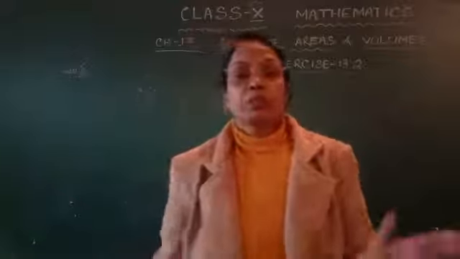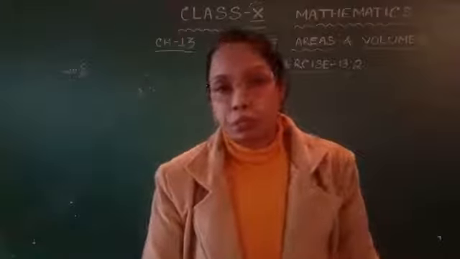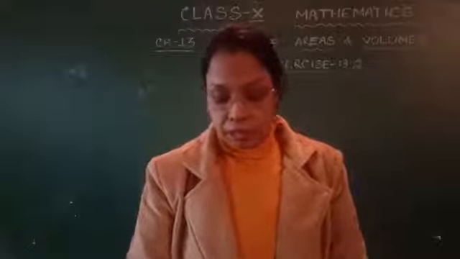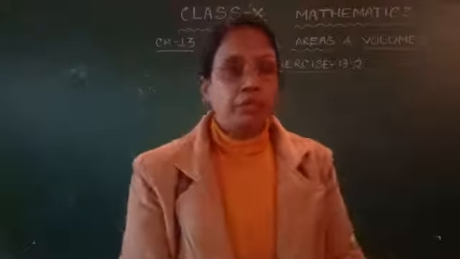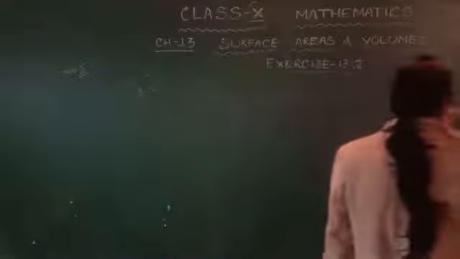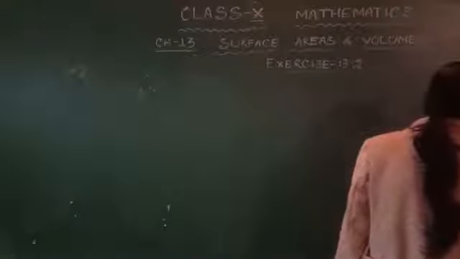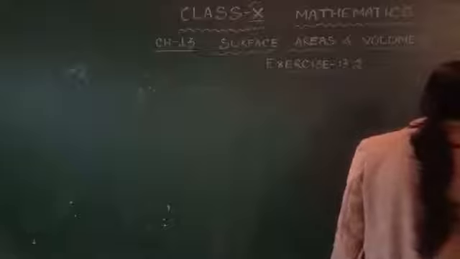Okay. So here, according to our question, here is a vessel which is in the shape of a cone, and it is an inverted cone. That means this is an inverted cone vessel.